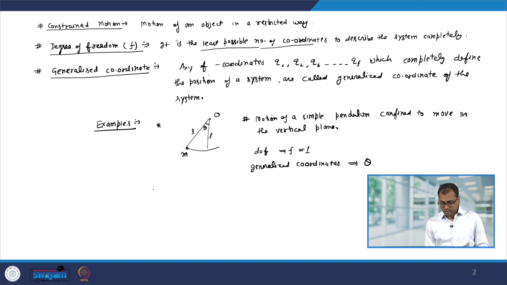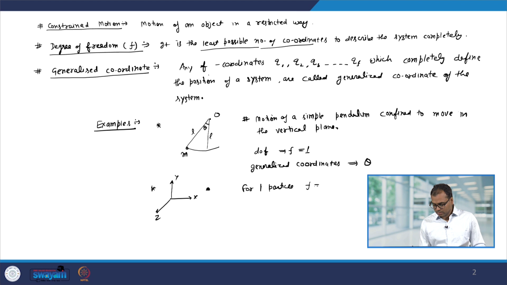Now, let us say I have a particle which is free to move in 3 dimensions. So, let us say this is x axis, y axis and z axis, and I have a particle here. So, for one particle, the degree of freedom will be 3 and the generalized coordinates can be x, y, z, or in cylindrical coordinates they can be r, phi, z, or in spherical coordinates they can be r, theta, phi.